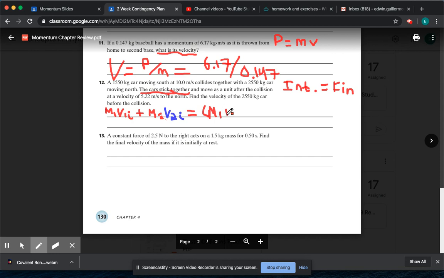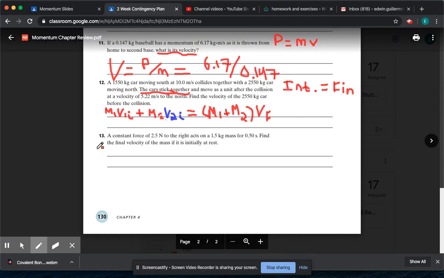So this is M1 plus M2. So pretend they make a new object. They collide, they crash, and they're a new object now. They're M3, where M3 is equal to the sum of both of them times whatever their final velocity is, VF. And it tells us that their final velocity after the collision is 5.22 north.